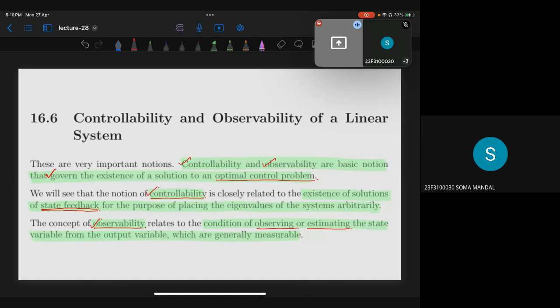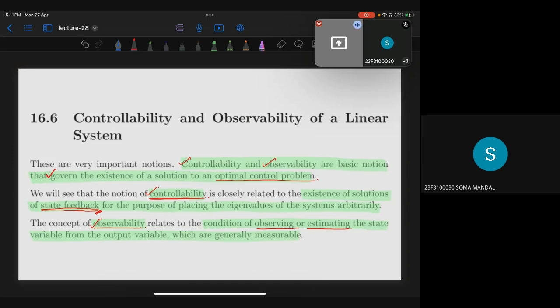First let us see controllability. Controllability talks about the existence of solutions for the state feedback system, particularly for placing the poles at our desired locations. That is the first aspect, controllability.